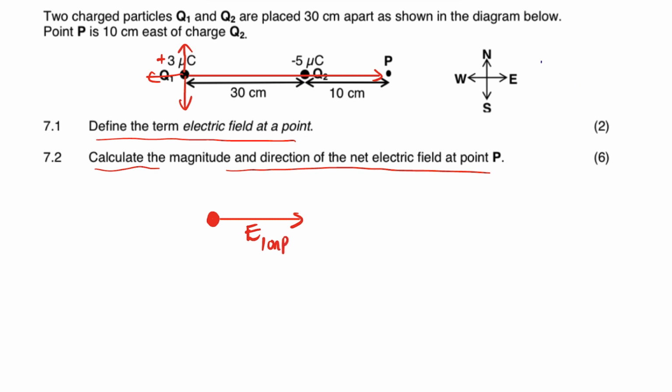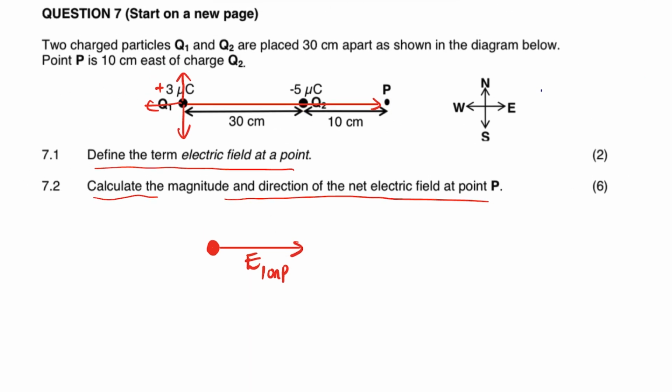And then the electric field strength experienced by P due to Q2, since it's negative, the field lines of Q2 are going to go to the left, right?